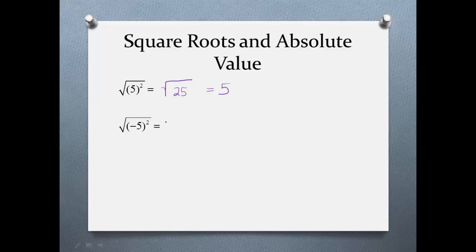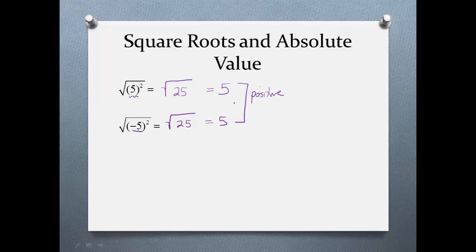For this one, when you start with a -5 down here and you square it, you also get 25. And the square root of 25, that's asking for the principal square root, so that's 5. So notice that whether I start with a positive number down here in the base or a negative number, it turns into the same answer out here. These answers are positive.